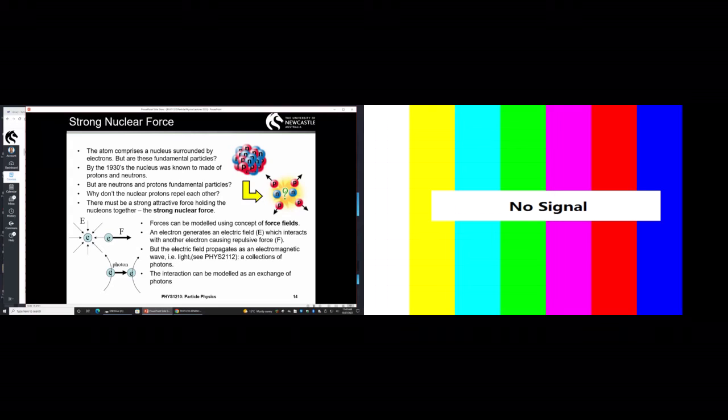So then the force between, say, two electrons, the repulsive force between these two electrons here, is associated with that electric field. Now we have to borrow a little bit from next year, and make a little jump of logic, because the actual propagation of an electric field is by an electromagnetic wave.